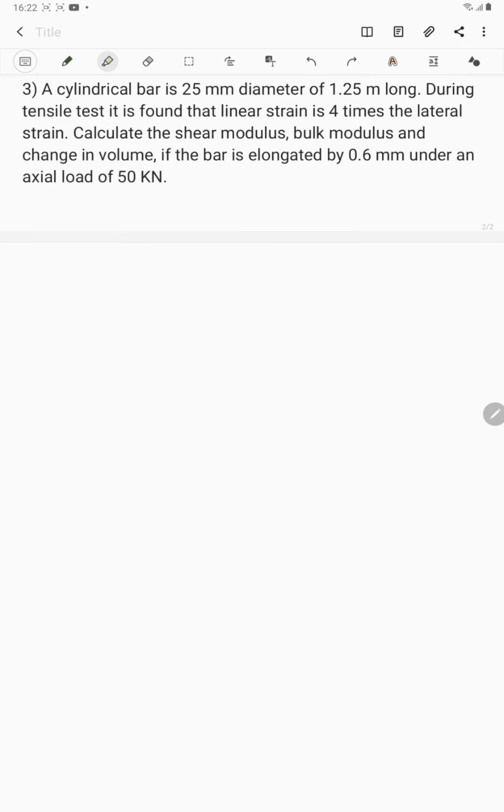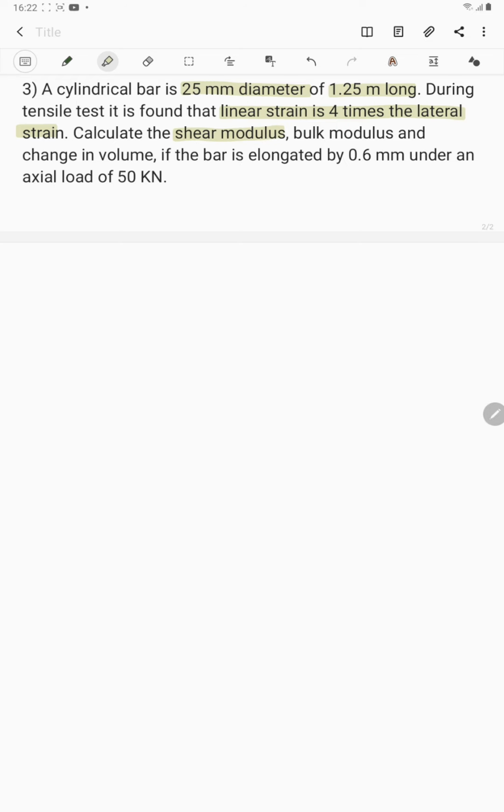Next problem. A cylindrical bar is 25 mm diameter, and the length is 1250 mm. During the tensile test, it is found that linear strain is 4 times the lateral strain. From that you can find the Poisson's ratio.